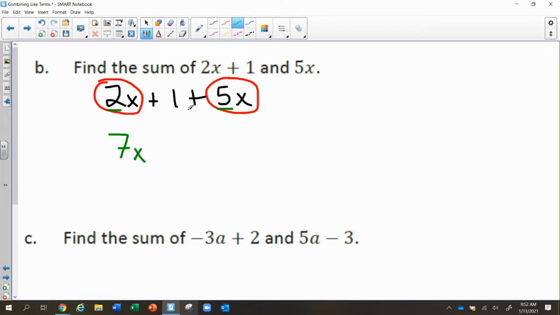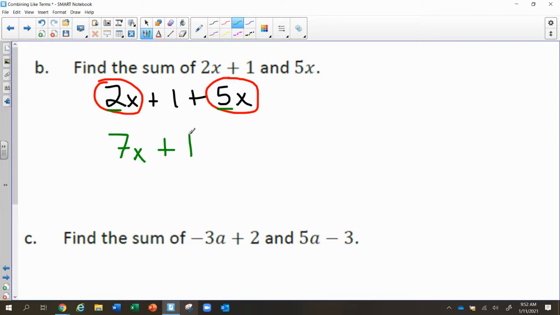And then I have this 1 here that isn't related. So I have to just bring down that 1. And this is as simple as we can make this expression. So we simplified it from 3 terms to 2 terms. And these terms do not have the same variable.